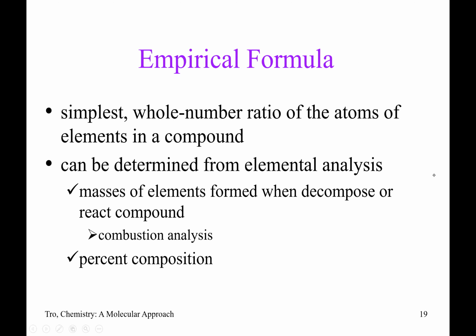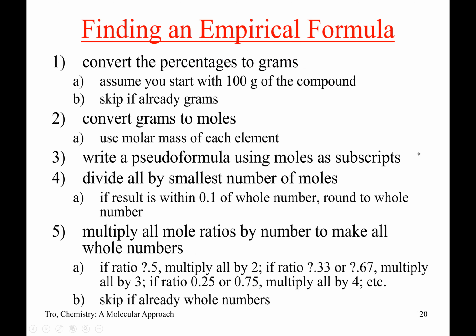So empirical formula is the lowest whole number ratio of the number of moles of atoms in a molecule. So if you have H2O, that's the lowest ratio that you can go with the whole number. Because if you divide this by 2, you end up with H1 and O0.5, and 0.5 is not allowed.